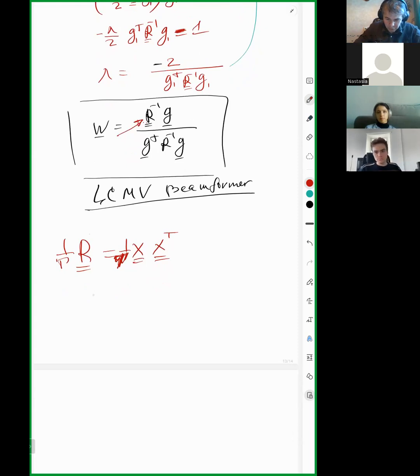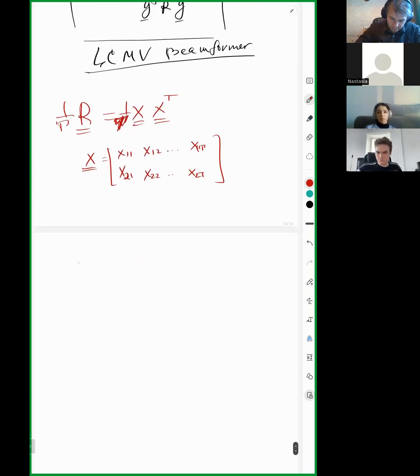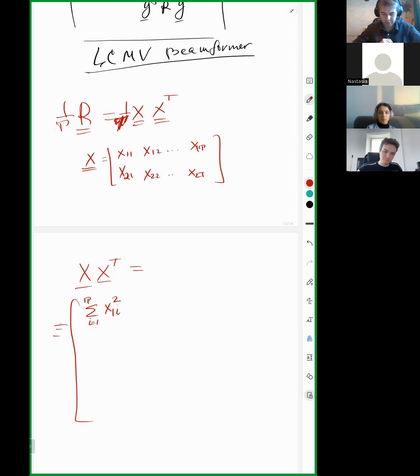Assume very simply that you have a matrix X, which is the first time series observed during T time slices, and the second time series at another T time slices. So this is your X. Now if you multiply X by X transpose, you will get the sum over i to T of x1i squared. Agreed?